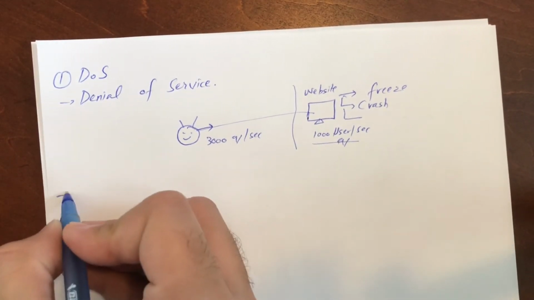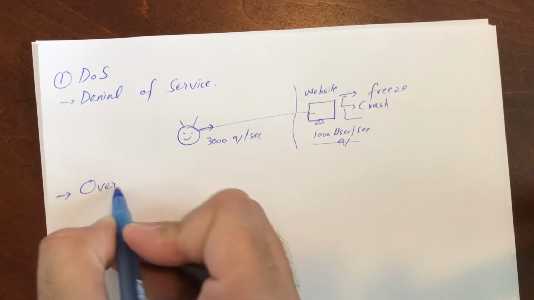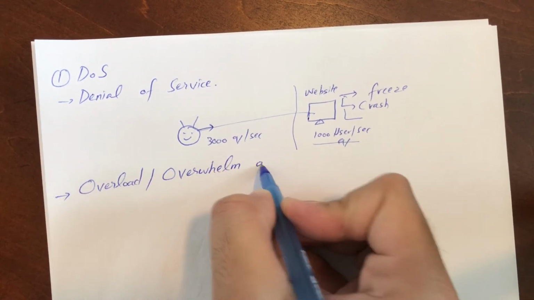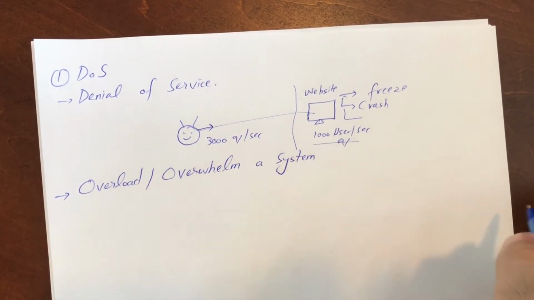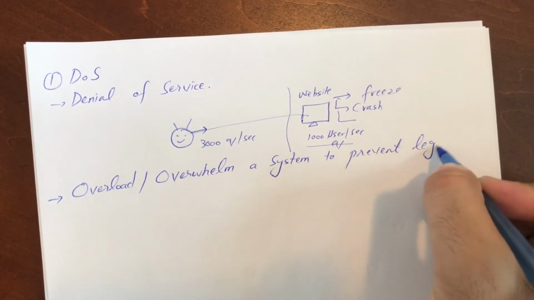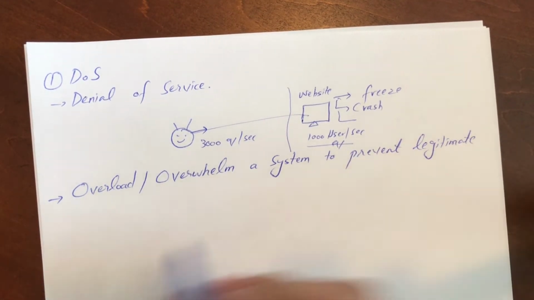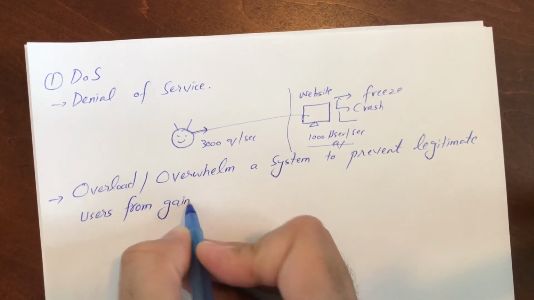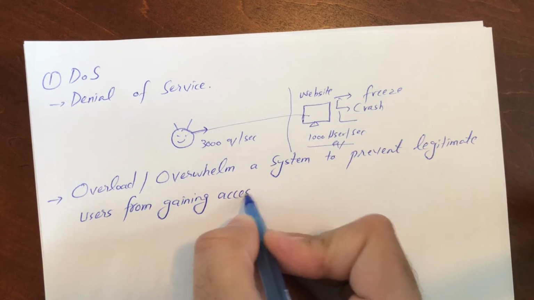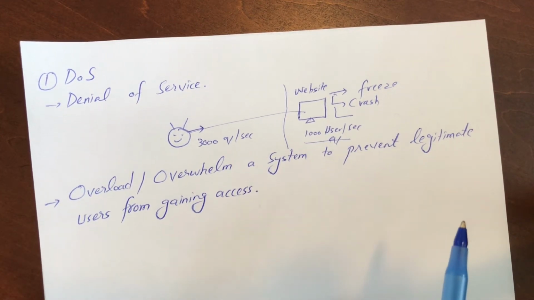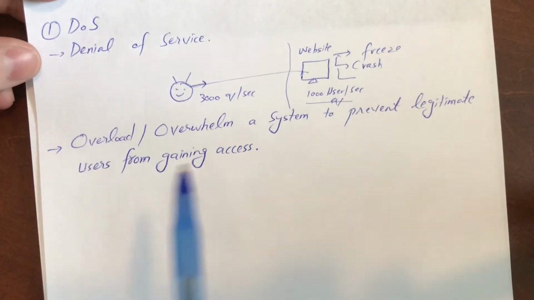The definition of a denial of service attack is to overload, or overwhelm, a system or a computer to prevent legitimate users from gaining access, so legitimate users cannot access it, making the resources unavailable for them. If an attacker overwhelms a system, it's called a DOS attack.